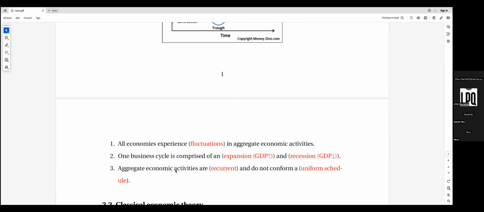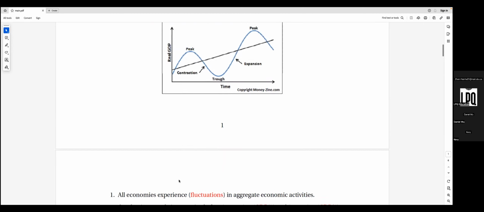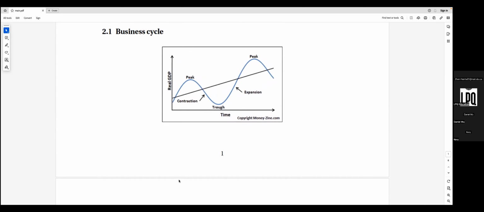Okay, business cycle is totally recurrent. So how long is the business cycle? It totally depends on the real data we collected from the real business world. No one can say a business cycle must last 10 years. We don't have such a regulation or theory.